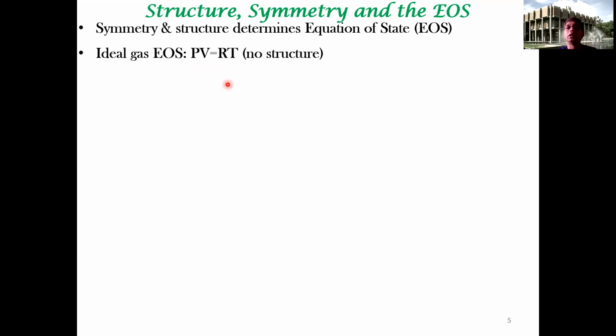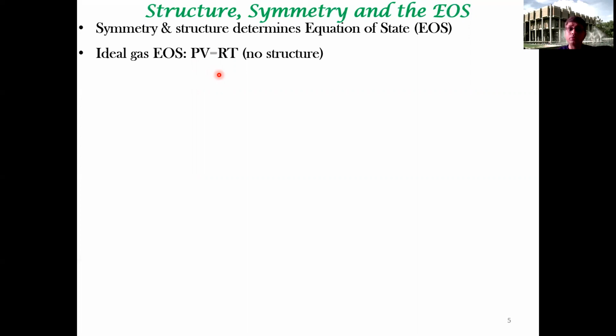PV is equal to nRT. N is 1, so I have a molar volume. So pressure can be connected as a function of temperature and molar volume. This is the simplest equation of state. That brings in an enormous simplicity in description.